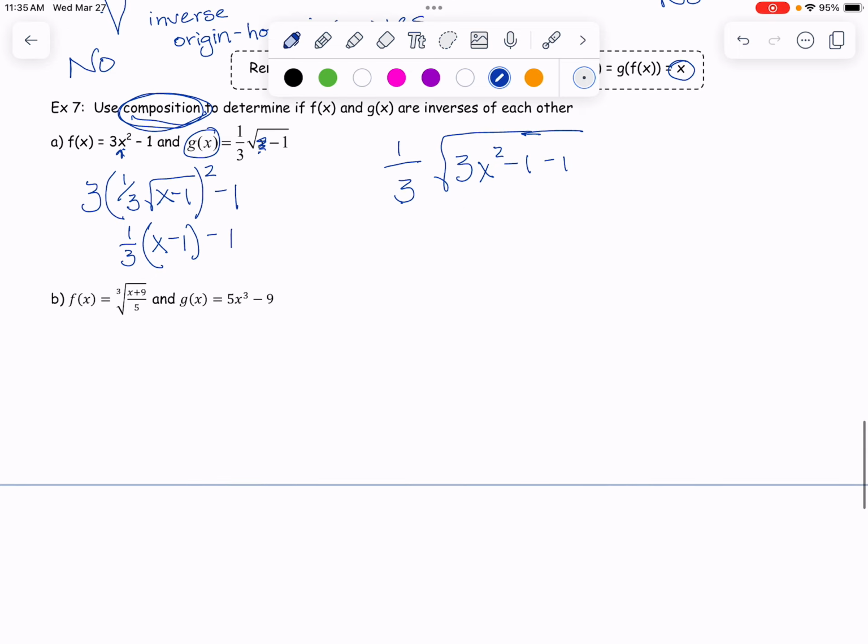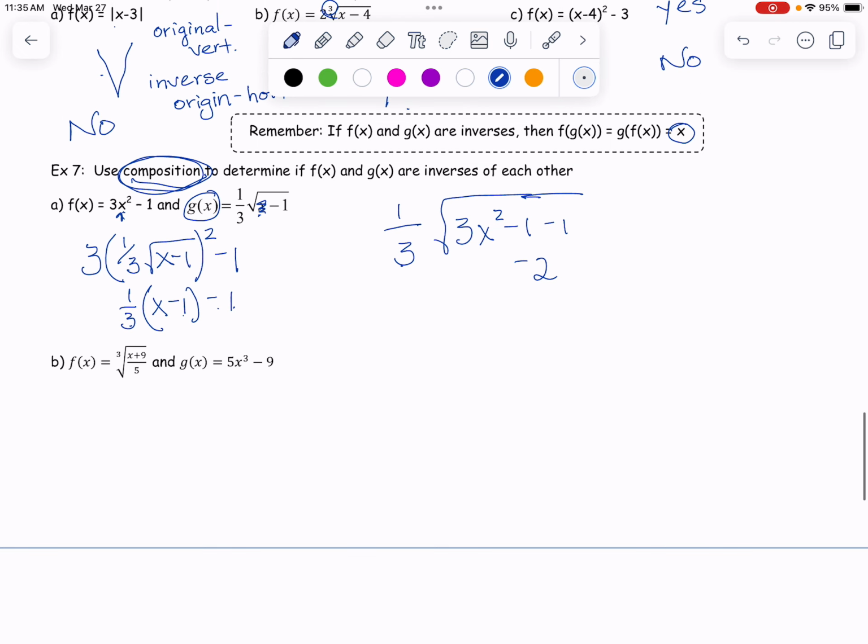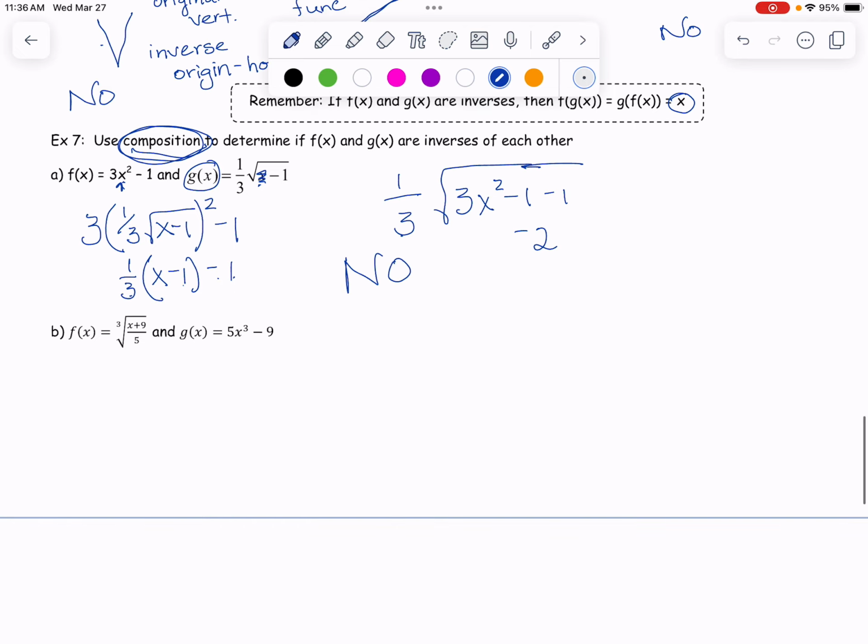Well, this is not going to be x because 1/9 times negative 1 minus 1 is not going to cancel out. Same thing here. I've got two negative 1s. And then this would be the square root of 3, which is not going to cancel out. So I've got a lot of things that are not going to cancel out. So these are not inverses.